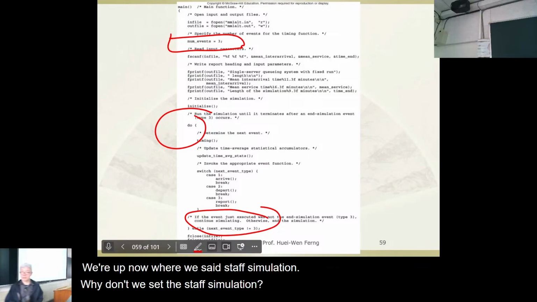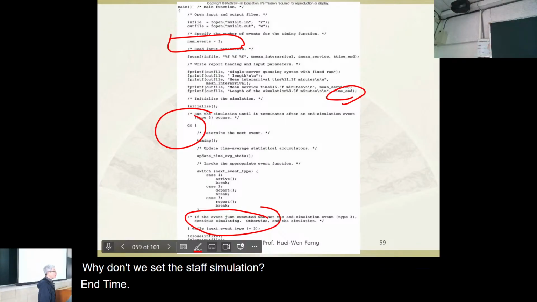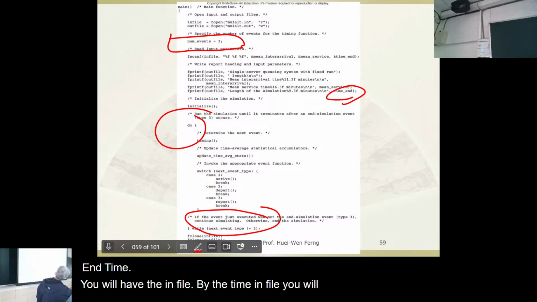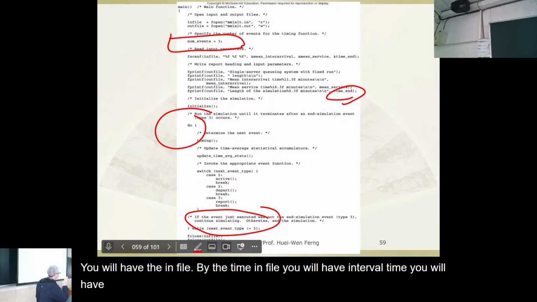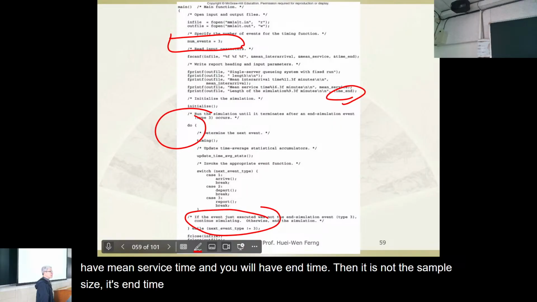First of all, here, end time. In the in file, you will have interval time, mean service time, and end time. Then it is not the sample size, it's end time. End time says when to stop simulation.